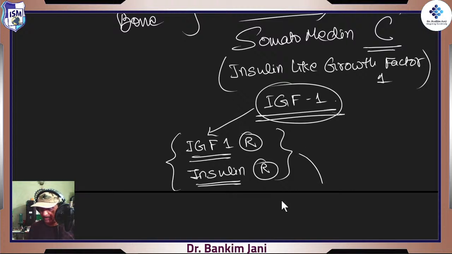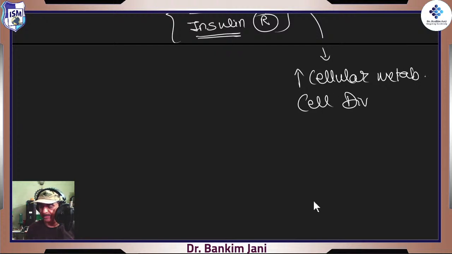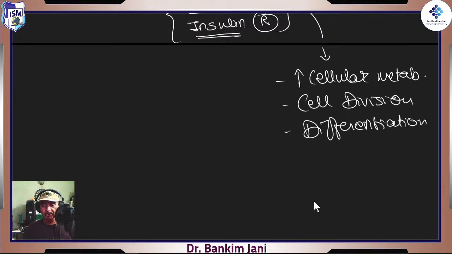So it will lead to increased cellular metabolism, increased cell division, increased differentiation, different types of cell formation. All those things would start because it is behaving as if it is insulin.